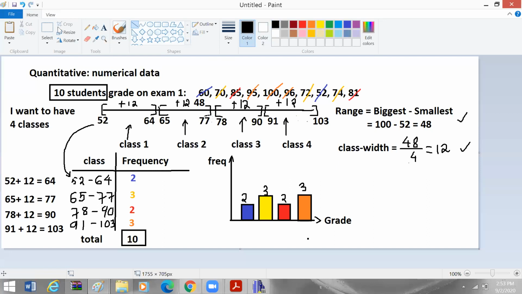So I call my first class A, my second class B, my third class C, and my last class D. So I call this A, B, C, D, instead of putting them down between 52 and 64, 65 to 77, 78 to 90, 91 to 103. Are we good? You can definitely do that on the exam, but I don't have enough space to put them down for those numbers. Are we good?